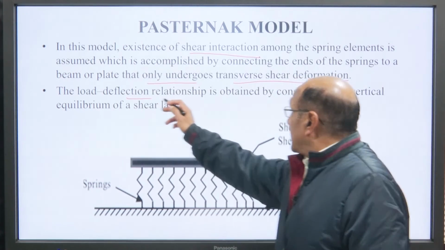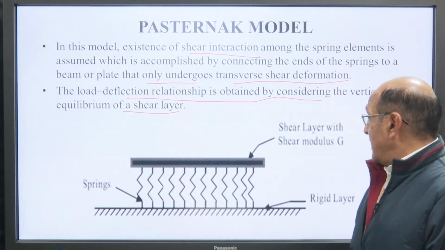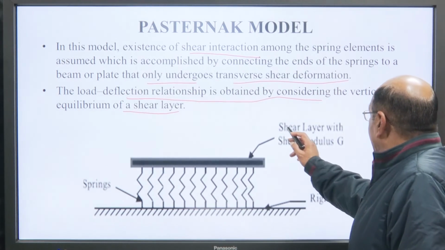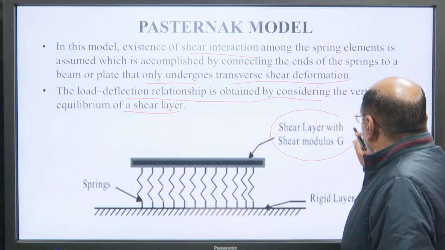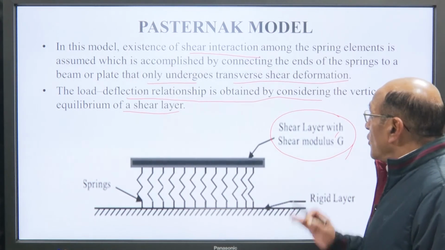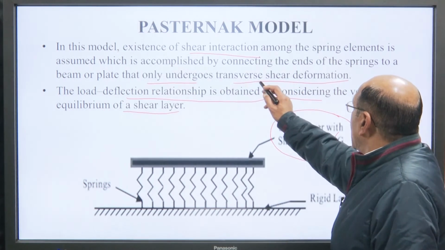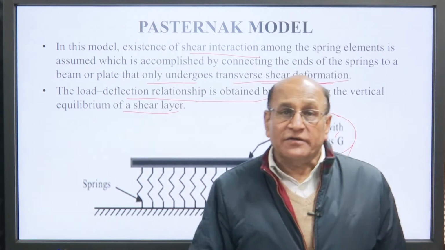The load deflection relationship is obtained by considering the vertical equilibrium of the shear layer. So, see here, this is the shear layer of shear modulus G. This is the spring, this is the rigid base. So, here there will be only deformation by transverse shear deformation.